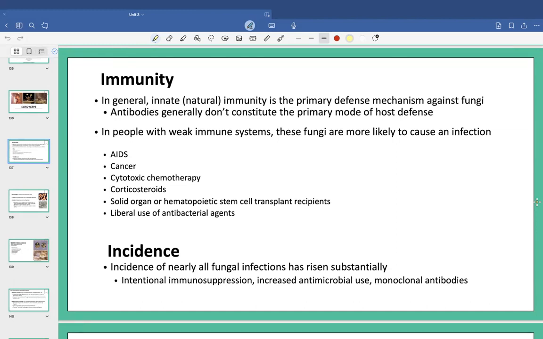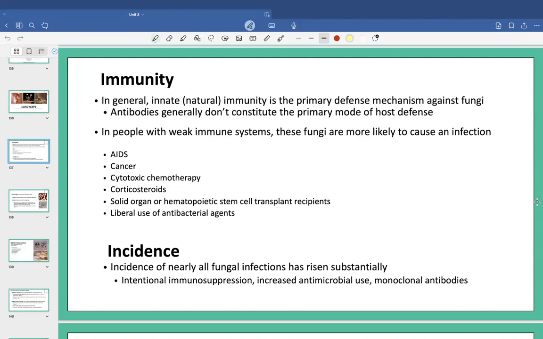So who is likely to be at risk? Well, a lot of this course is in the context of AIDS patients. Who else would be at risk? Weakened immune system. Infants. Infants? Yeah. Good, yep.